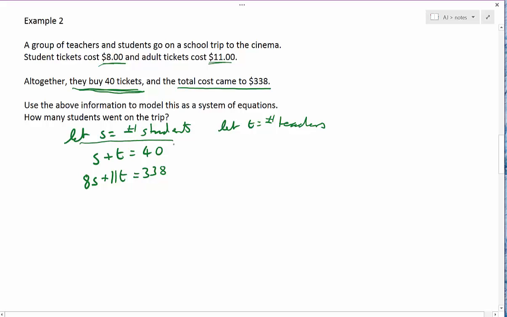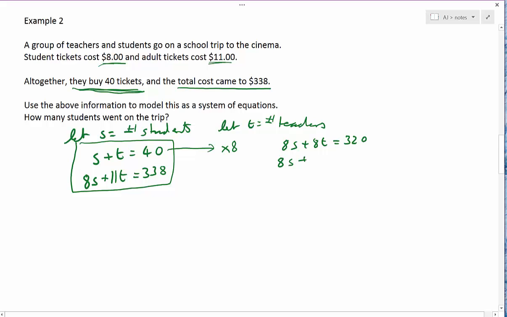So here is our system of equations. S plus T equals 40, 8S plus 11T is 338. We could use a similar approach to example 1 and scale up the first equation and multiply it throughout by 8 and say that suppose everyone paid $8 for the tickets. 8S plus 8T would equal 8 times 40, which is 320.